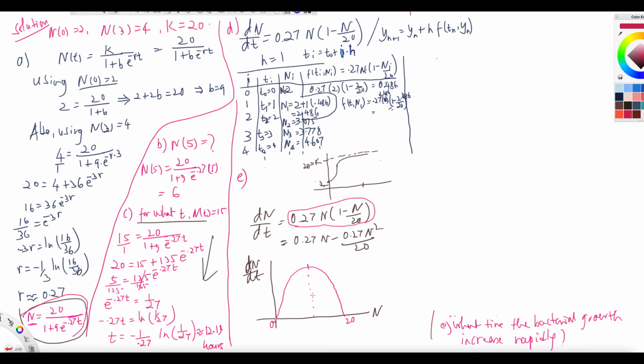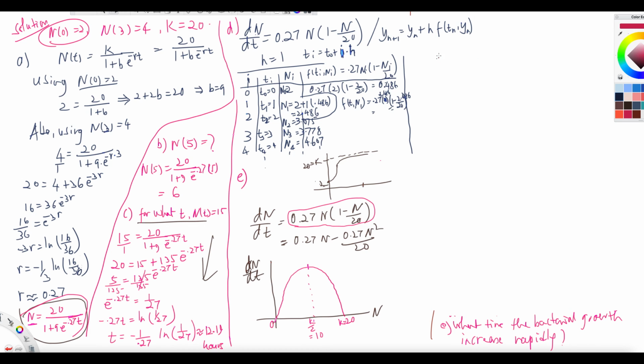So the population is increasing everywhere, but the increase is fastest for the first half, when the population is below half of K. K equals 20, so K over 2 equals 10. Until the population reaches 10, because we started from 2, the rate of change is increasing, meaning the population is increasing rapidly.